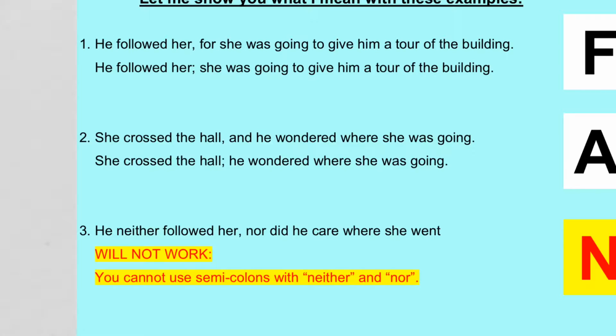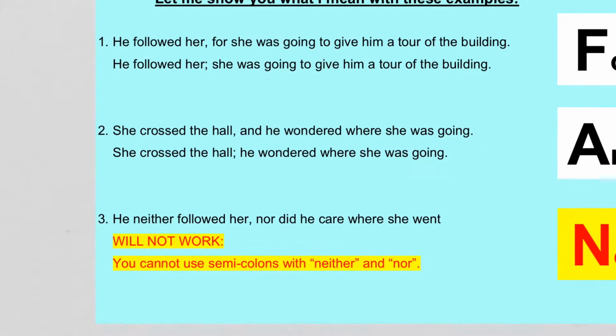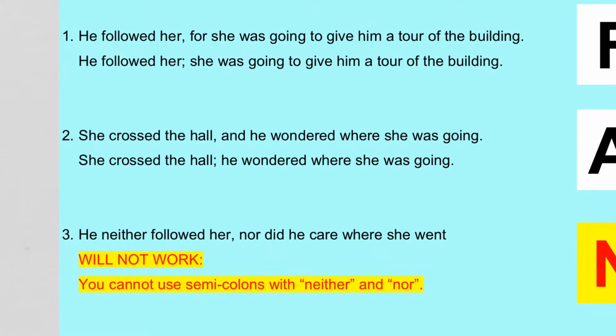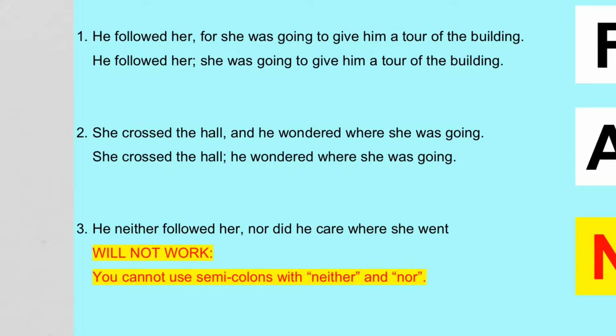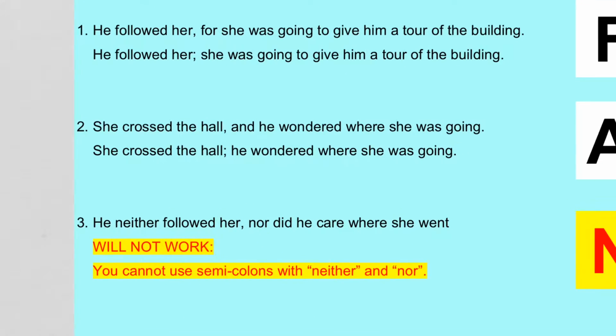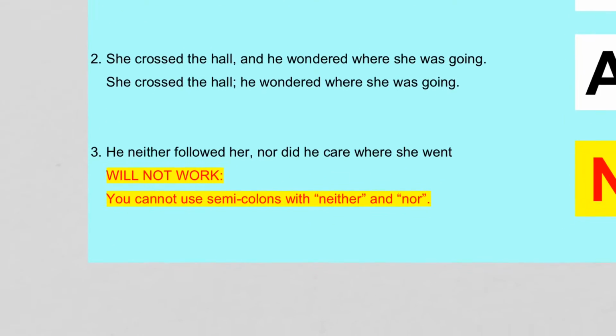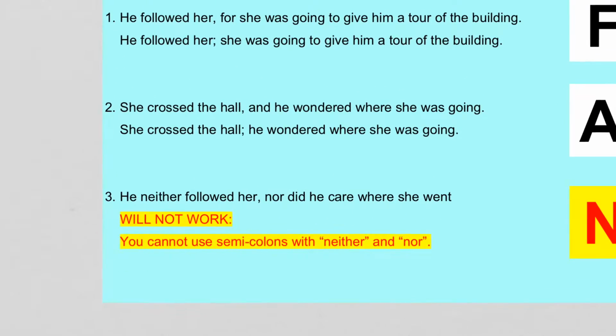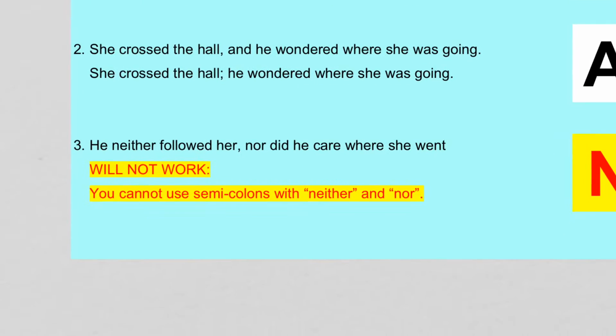So instead of having comma for, we could say, he followed her, semicolon, she was going to give him a tour of the building. So in this case, the thoughts are related in the way that they need to be related. He follows her for a certain reason, and so that works really well. So we can put a semicolon in there.